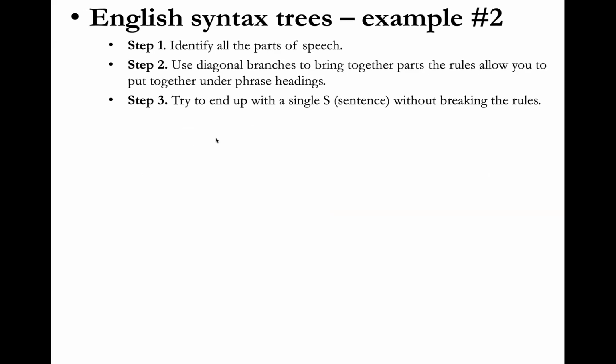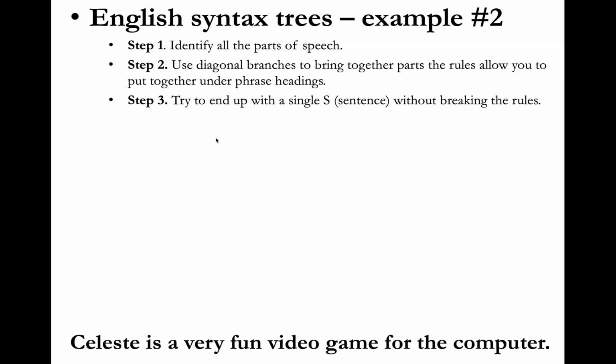Same rules. Figure out the parts of speech. Use the branches to put together the parts of the rules that put together phrases. Try to get to a sentence. If you make a mistake, erase and do it again. Celeste is a very fun video game for the computer.